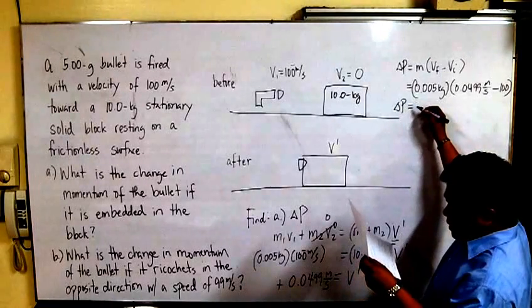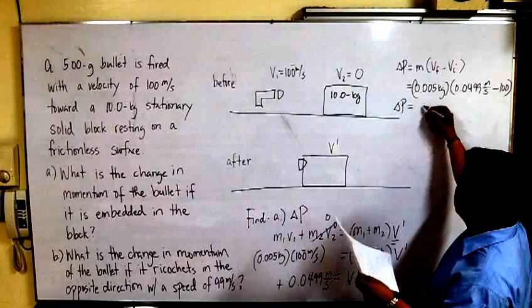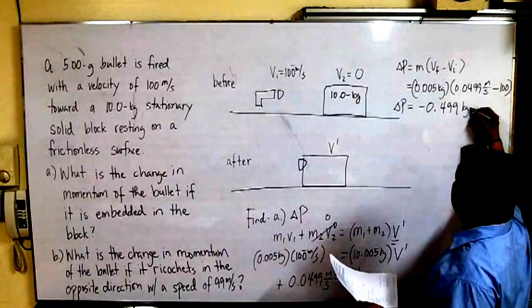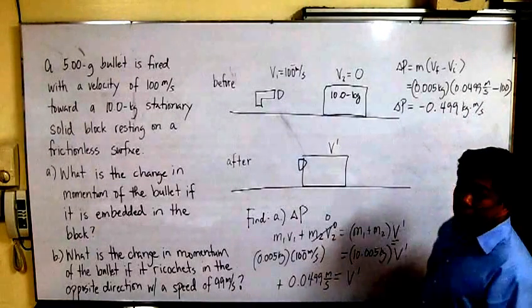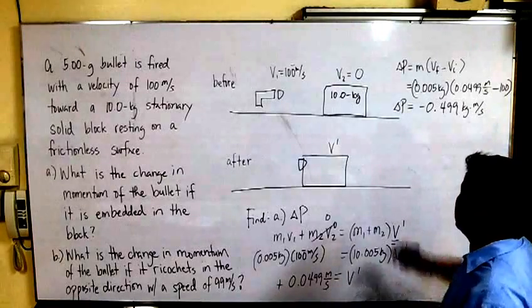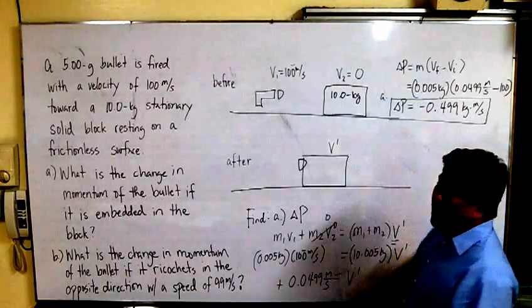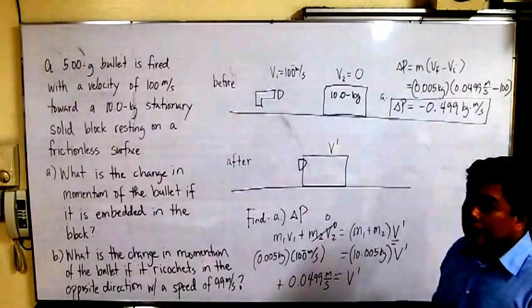Solving for delta P, you will get an answer of negative 0.499 kilogram meter per second, our unit for momentum. This is our answer for letter A, and we should have it expressed in three significant digits.